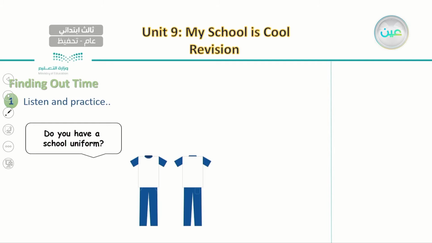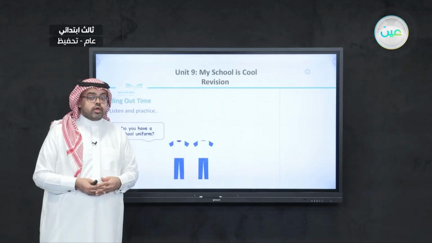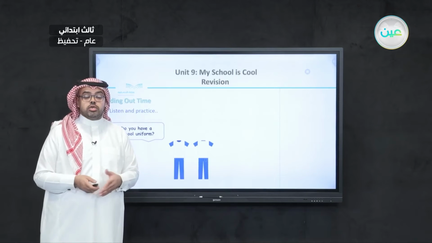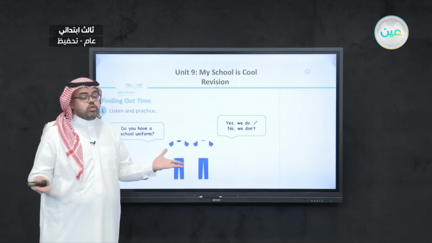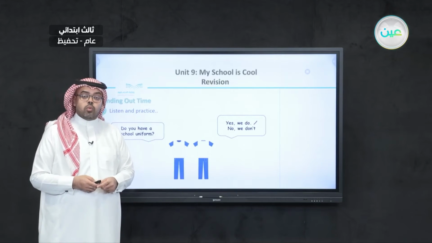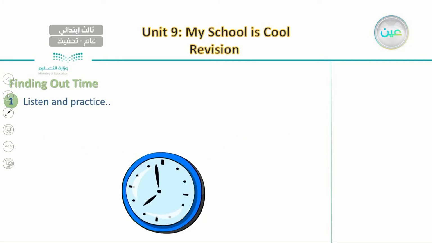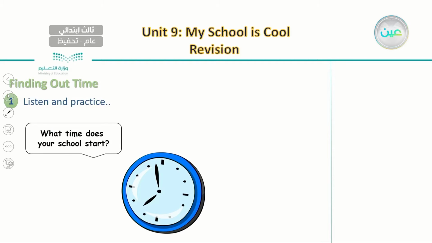If your school has its own uniform or its own clothing that each student needs to wear, if the answer is yes, you can say, yes, we do, or no, we don't. Also, the last question we talked about is a question about timing: what time does your school start?